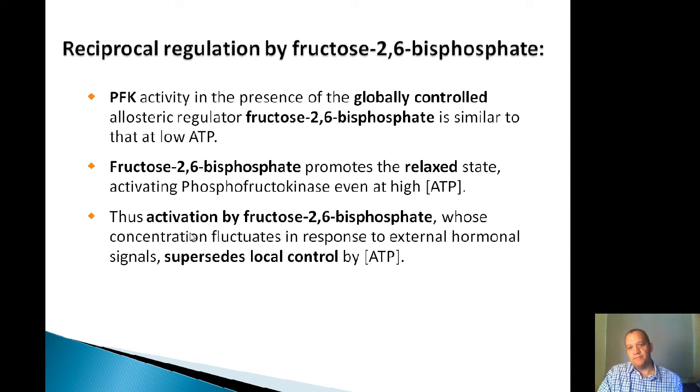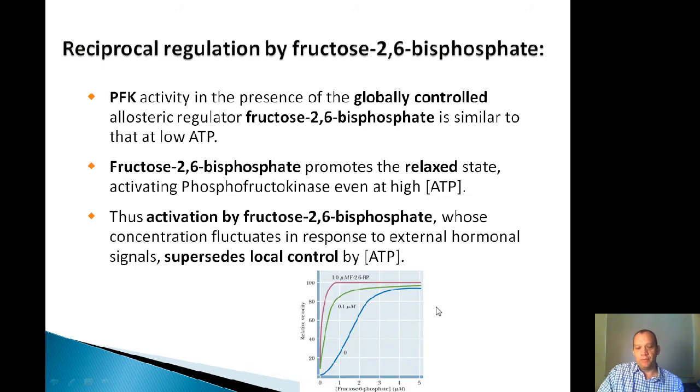So the activation by fructose 2,6-bisphosphate, whose concentration fluctuates in response to those hormonal signals, will actually then supersede local control by ATP. And what we mean by this is that if no fructose 2,6-bisphosphate is present, this is the S-curve that is typical of allosterically regulated enzymes that we see when we plot the relative velocity over increasing substrate concentrations.